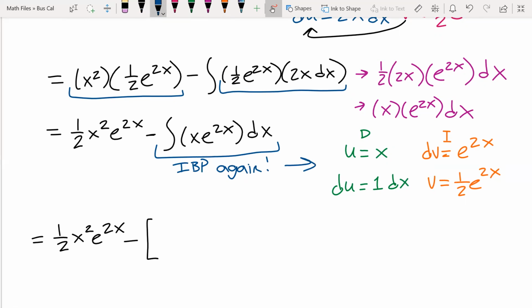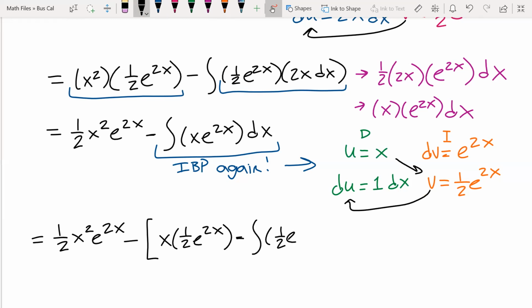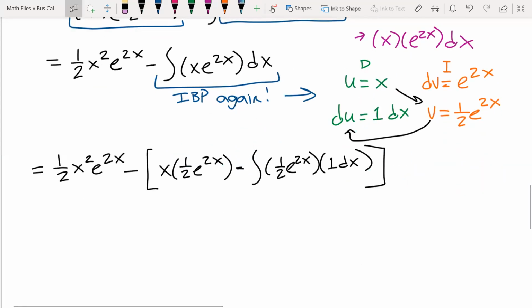All right, and now following the formula, u times v, x times 1/2 e to the 2x, minus the integral of v du, 1/2 e to the 2x times 1 dx. Close bracket. Okay.